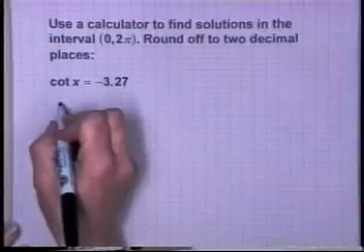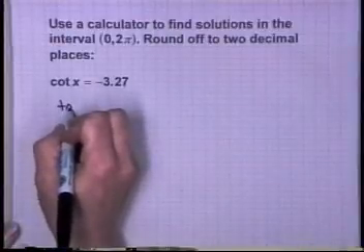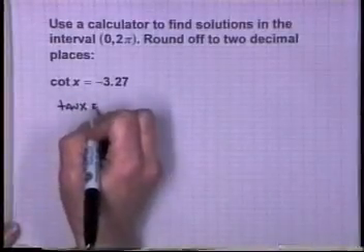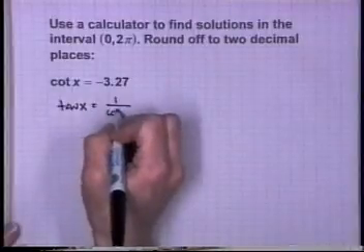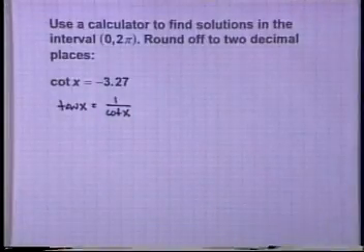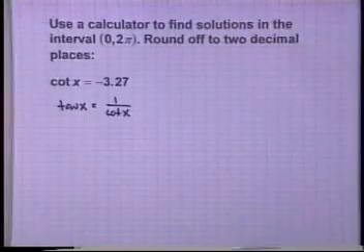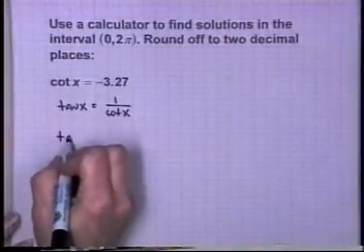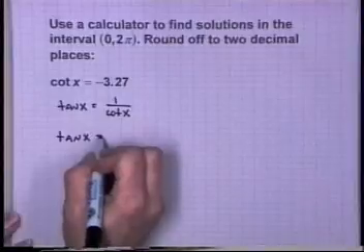Let's recall that the tangent of x is 1 over the cotangent of x. So if I invert this number, I will get the tangent of x. So we can do that with our calculator actually.